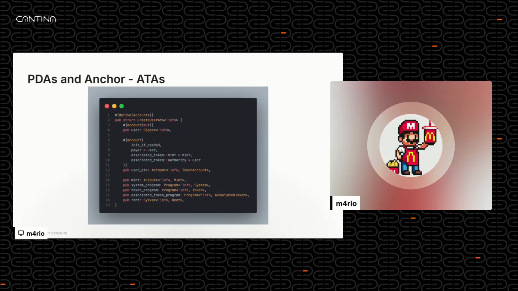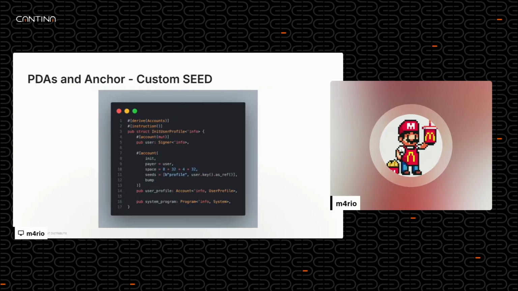If we look at the ATA here, we don't have the seeds. Why? Because, again, Anchor does this behind the scenes. Anchor knows that this is an ATA, and it knows how to calculate the seed based on these associated token specific fields. But when you want to create custom seeds, you actually have to specify the seeds and the bump.